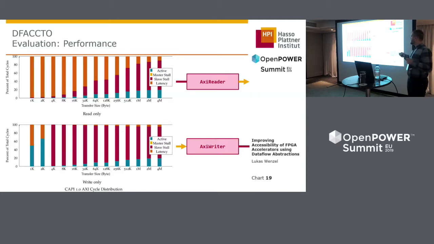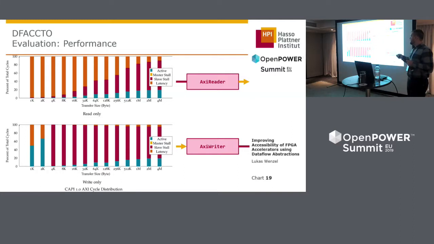And the master side is associated with the outgoing or incoming data stream on the AXI stream interface, and the slave is the memory controller component that is attached via the AXI interface. And as we see, there is no master stall introduced by our components. The only bandwidth limitation comes from the slave, which is not able to produce or accept data at the rate that we were trying to achieve here.